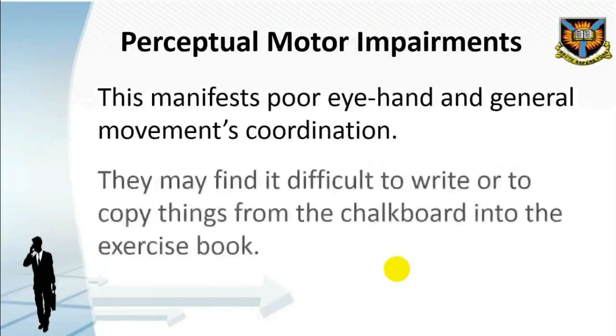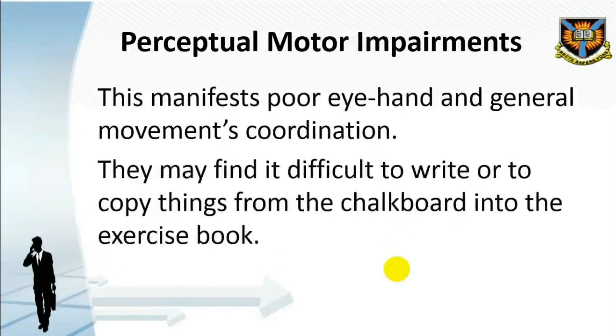They may find it difficult to write or to copy things from the chalkboard into the exercise book. Most times, it appears as if their eyes are not in harmony with the hand. In such cases, there will be an obvious poor performance of the task assigned.